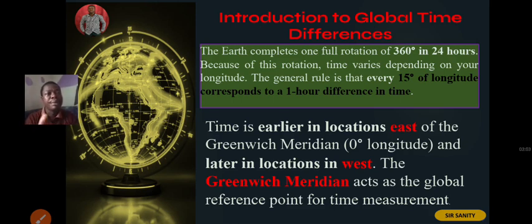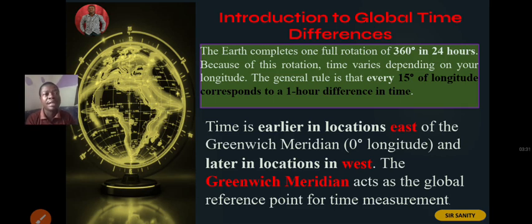Those behind the longitude, their time is also behind the time of towns or countries on longitude 0 degrees. The Greenwich Meridian, or longitude 0 degrees, acts as the global reference point for time measurement. That's why I said that those at the east have time ahead, and those at the west of longitude 0 degrees, their time is behind that.